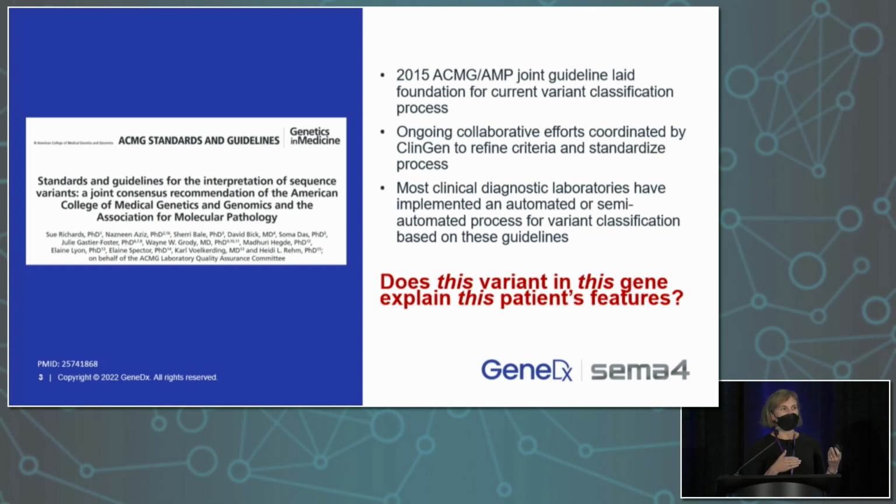I'm going to talk about the basis for how we do this, but understand that a lot of what I'm talking about is now done using computer algorithms and models, pulling in data and running it through bioinformatic pipelines that collect all of this data and use the rules in the guidelines to help us come to a classification. Really, the purpose of all of this is to figure out if this variant in this gene could explain this patient's features, and that's ultimately what we want to put into the report.